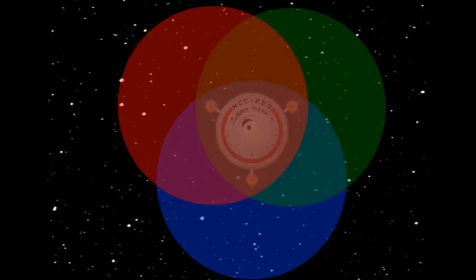So a warp field for a twin nacelle ship is born of the overlap between the two nacelles, the energy field created by that. The actual individual fields aren't themselves warp fields. They're only warp fields when they overlap around the ship, and that is how you create a warp field. So adding a third one to that I don't see as being a problem, provided that it fits into that network and it's not an unstable element.